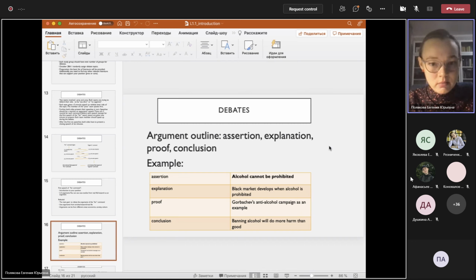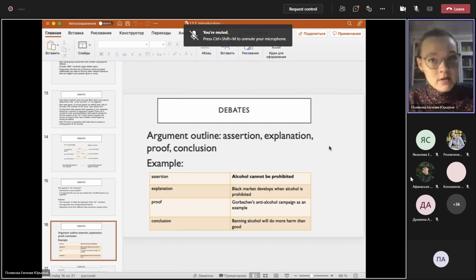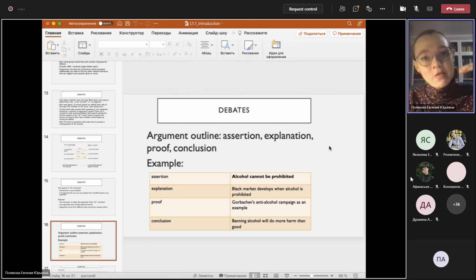Then conclusion: banning alcohol will do more harm than good. Why? Because we have our explanation, in this case the black market, and then we have proof that we will really have a black market if alcohol is prohibited. In our case, it is the Gorbachev anti-alcohol campaign. I mean, it's just small. It can be the same for your position in the debates.